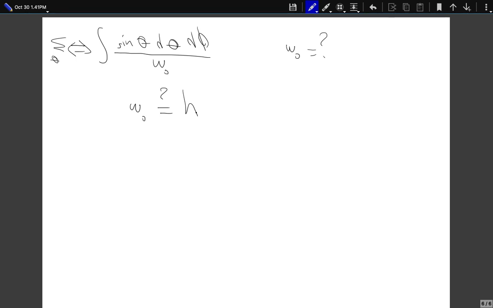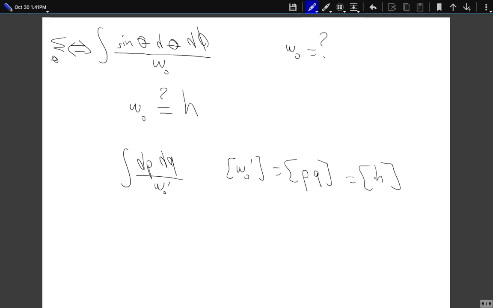Why? You see, we have dp dq. Here, let me put a prime. Omega 0 prime should have the dimension of pq, which is the dimension of h. Well, here omega 0 should have the dimension of theta phi, which is just 1. It doesn't have any unit. If you put h, you see, essentially we are just counting the number.